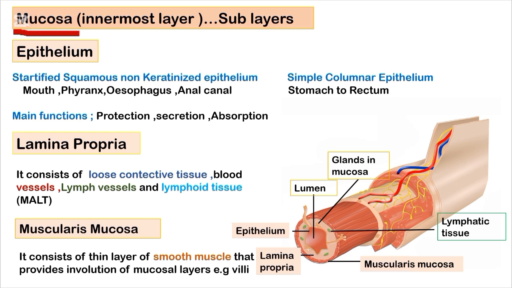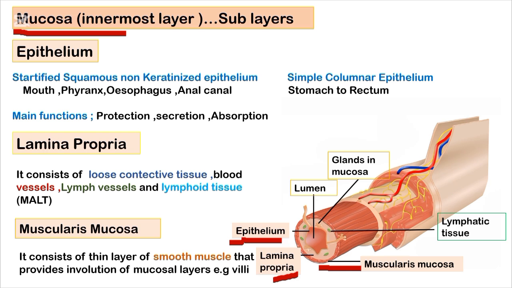Mucosa, the innermost layer, has further three sublayers, and you can understand easily by this diagram. The innermost layer is epithelium, the middle layer is lamina propria, and the outermost layer is muscularis mucosa. First we will talk about epithelium, that is also known as mucous membrane.